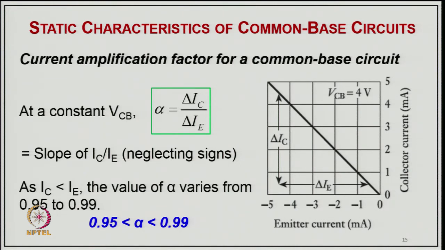As IC is lower than IE, the value of this gain is 0.92 to 0.99, which we already discussed earlier. In this configuration, that is the reason we use the notation alpha. So, the alpha gain is always less than 1.